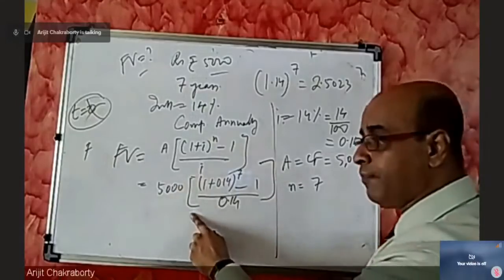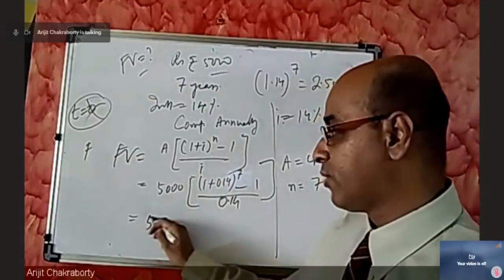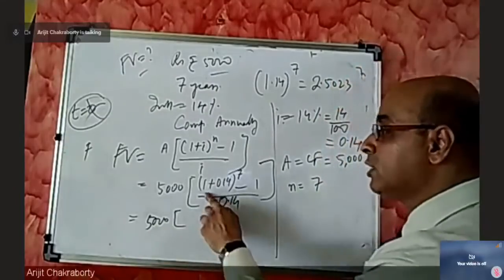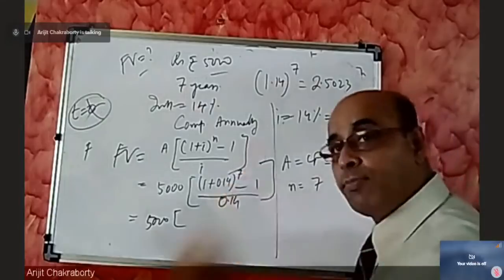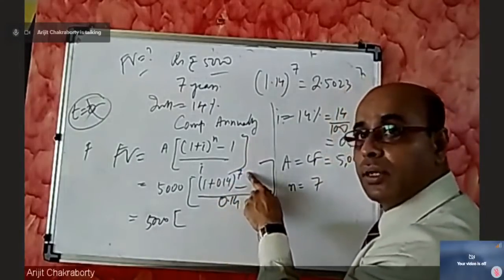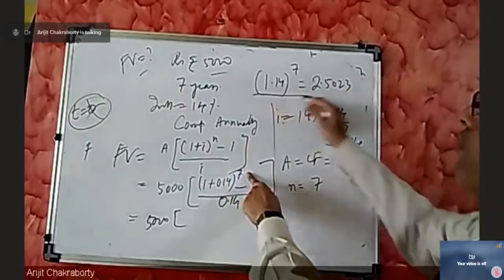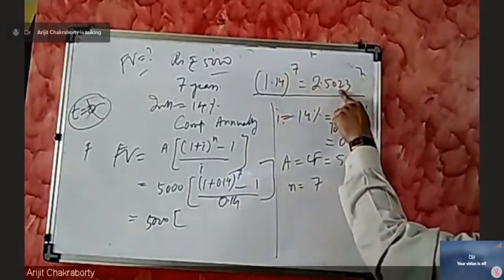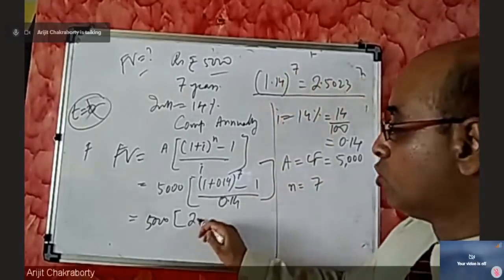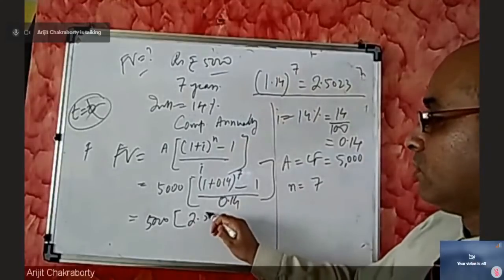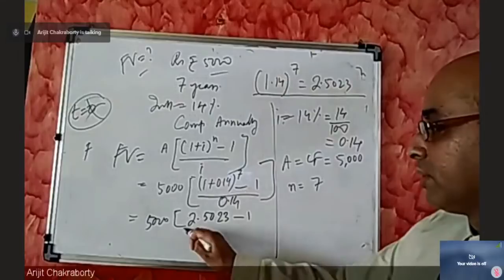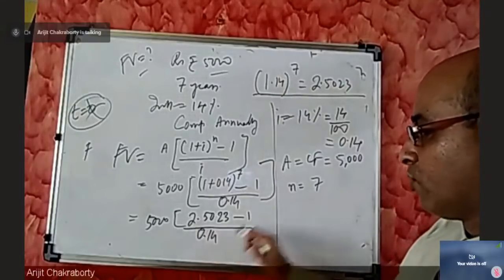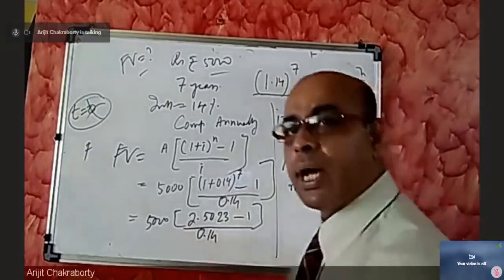Let's simplify this. 1 plus 0.14 is 1.14. 1.14 to the power 7 is given in the problem. So I write 2.5023 minus 1 divided by 0.14. So now it becomes simple.